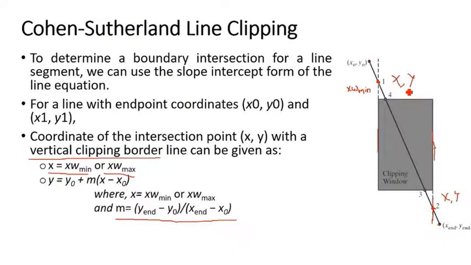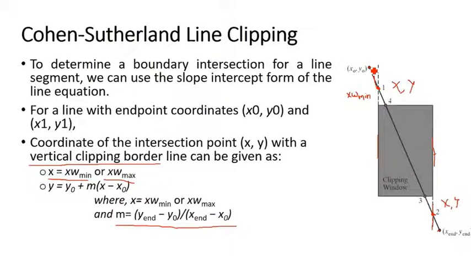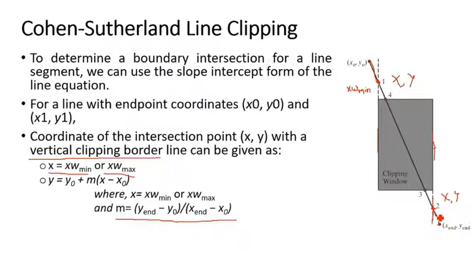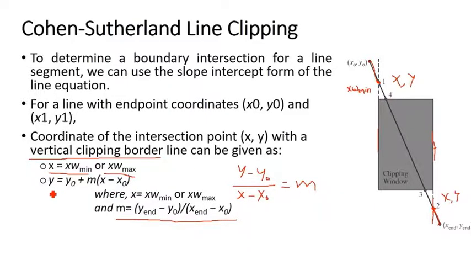What about y? I can say the slope of this line is equal to the slope of this line. So I can say that y minus y naught divided by x minus x naught is equal to m, where m is y end minus y naught by x end minus x naught. So using this equation, I can calculate my unknown term here.